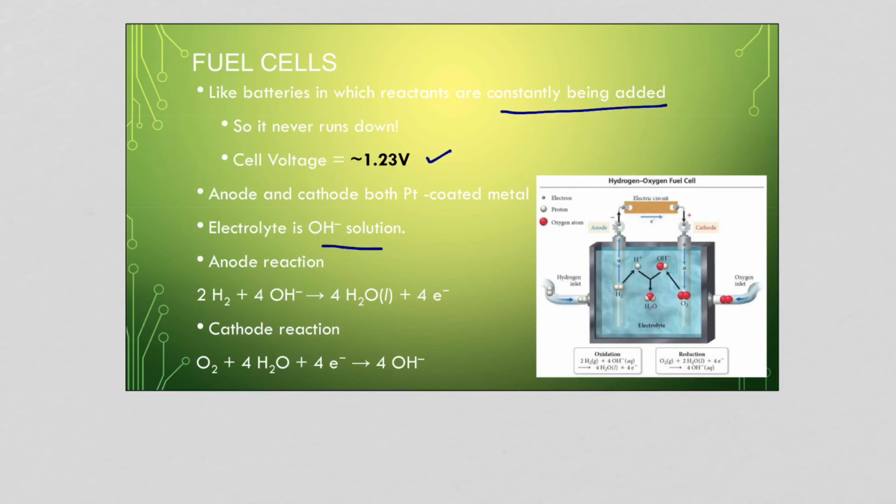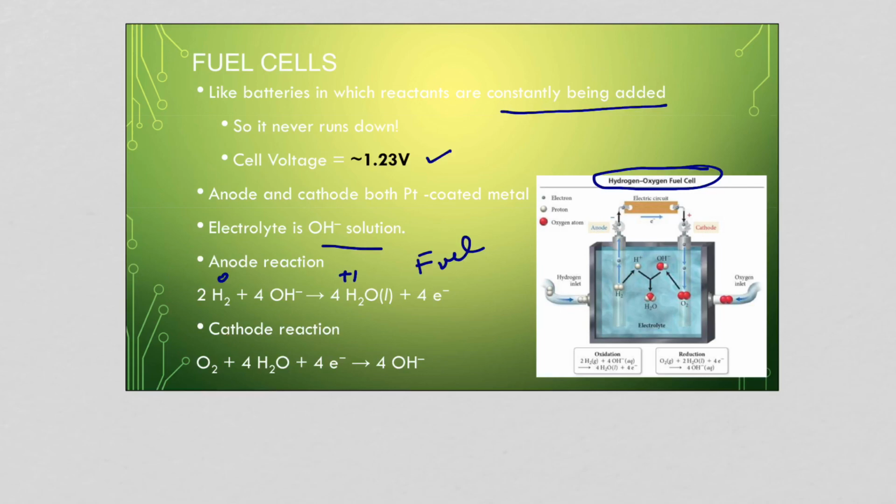In the most basic example of this, which is what we call the hydrogen-oxygen fuel cell, the hydrogen at the anode is, quote, the fuel. This is what we call the fuel in the fuel cell. Hydrogen comes in, and that hydrogen is being oxidized from hydrogen 0 to hydrogen plus 1 at the anode, in the presence of your hydroxide ion.